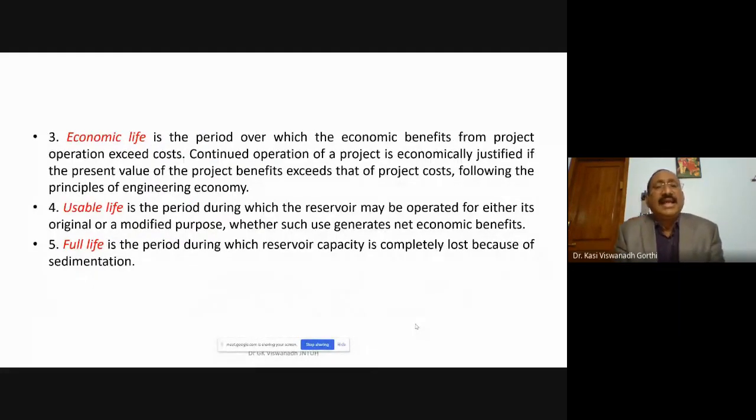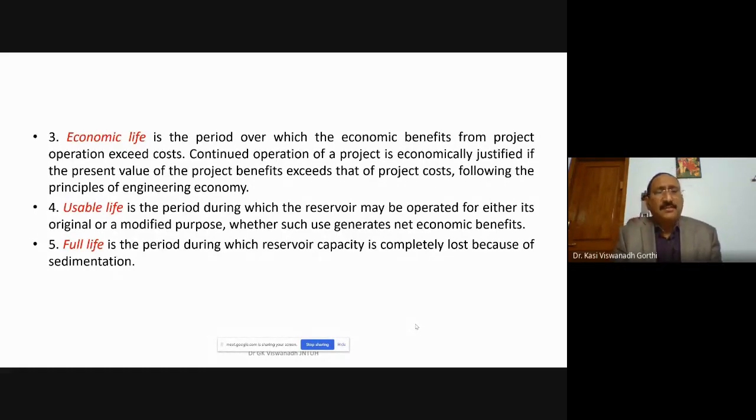The third definition is the economic life. It is the period over which continued operation of a project is economically justified, if the present value of the project benefits exceeds that of the project cost, following the principles of engineering economy. Usable life is a period during which the reservoir may be operated for either its original or a modified purpose, whether or not such use generates net economic benefits.